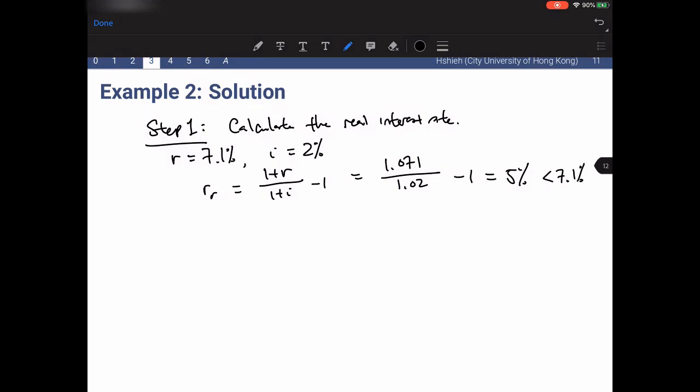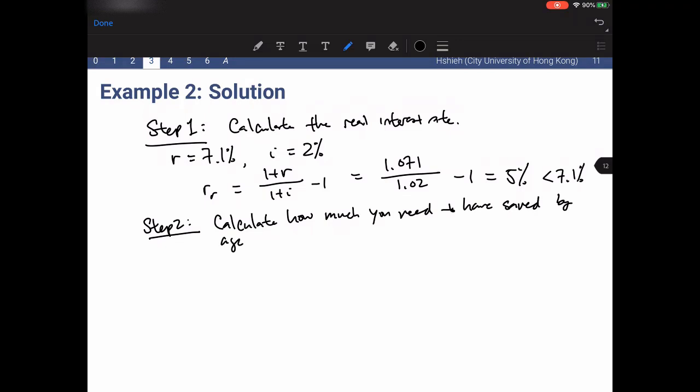Step 2, we're going to calculate how much you need to have saved by age 65. Since we are planning to spend every year during retirement constant in real terms, we can use the annuity formula with the real interest rate.